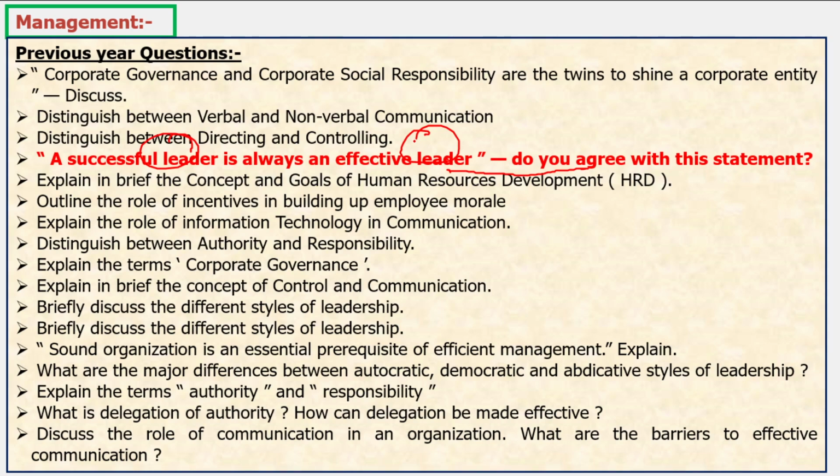And then you pause the lecture and attempt to write the answer to this particular question, and then resume the video and look at the answer that I have attempted to write, and see whether that answer is effective or not, whether you could have written such an answer or maybe a better one.